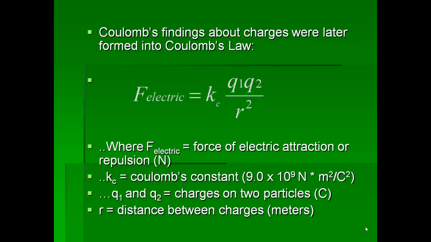So here's the formula. The electric force between two charged particles is a product of something called Coulomb's constant, the magnitude of the charge on two particles, Q1 and Q2, divided by the square of the distance between them. If you notice, this formula is very similar to the formula for Newton's law of universal gravitation.